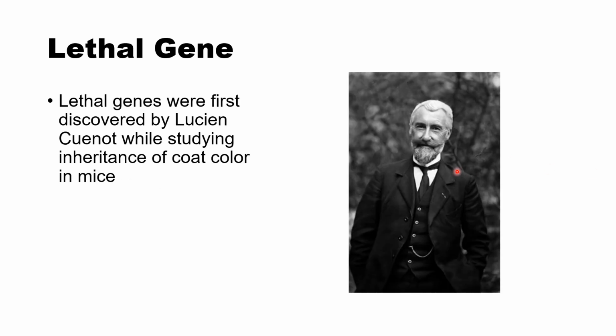The lethal gene was first discovered by Lucien Cuénot while studying the inheritance of coat color in mice. He discovered lethal genes while researching the color of the fur of mice.